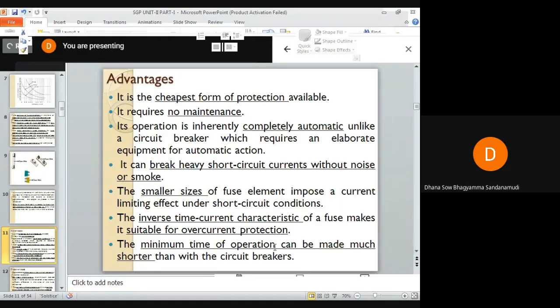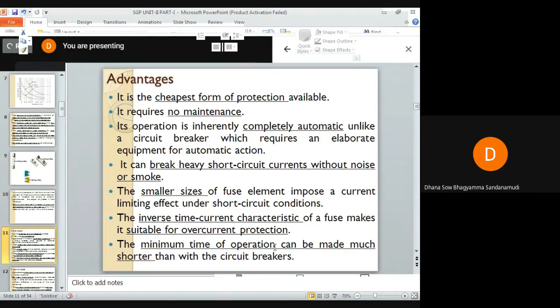For example, if I want a circuit breaker as the protective device, then it requires elaborate equipment for automatic operation, but a fuse does not. It can break heavy short circuit currents without any noise or smoke.